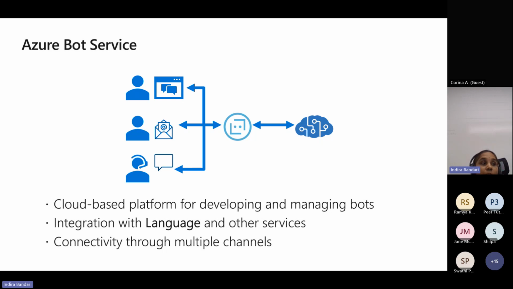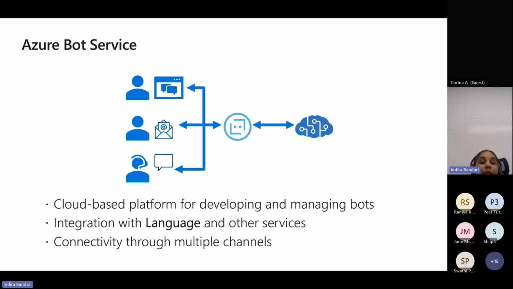And with this bot service, you can integrate your bot with the language and other services. You can integrate with language for language understanding, or even integrate with the question answering service to connect to the bot, so that when you ask the questions, you can get the answers.